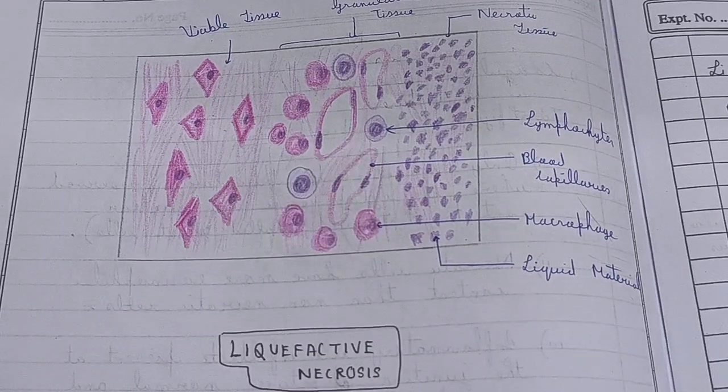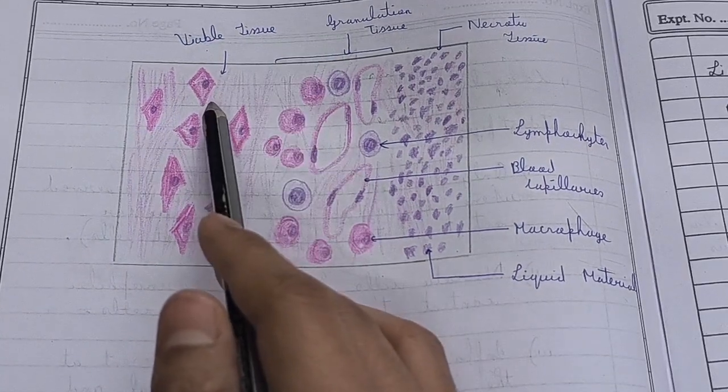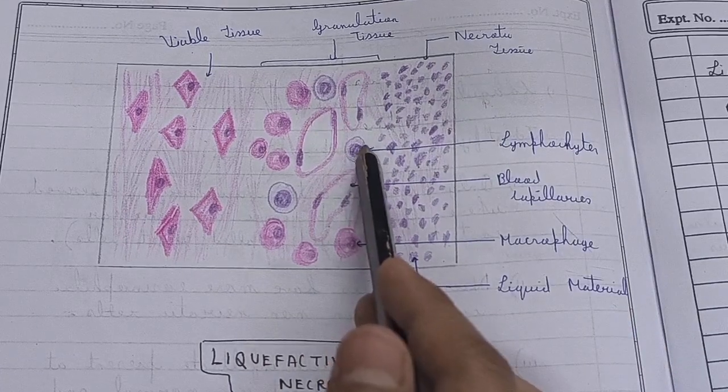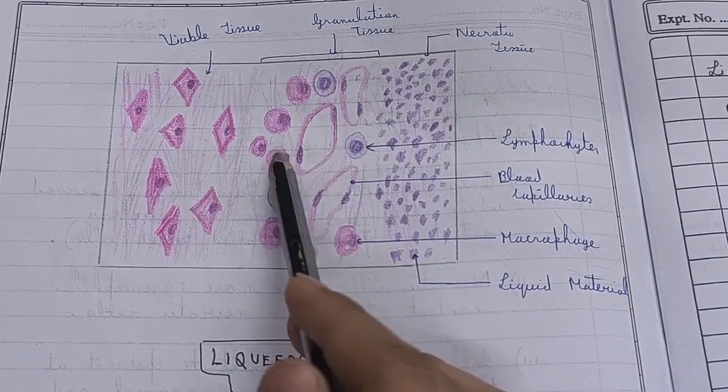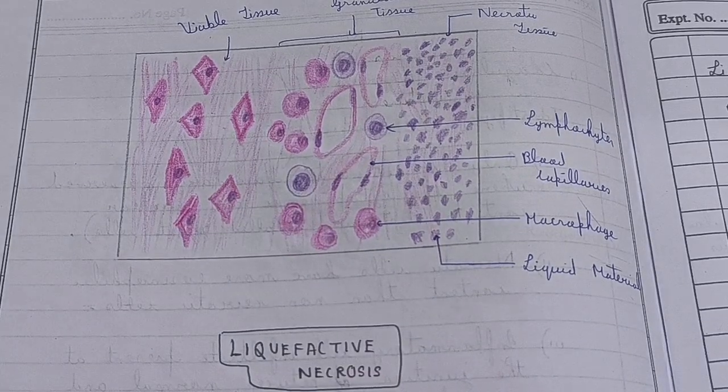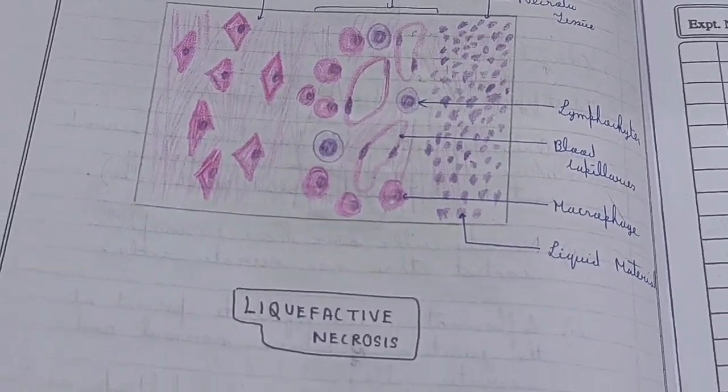So just remember that at the junction between the viable and necrotic tissues, lymphocytes, blood capillaries and macrophages are present. All these are the identifying features of liquefactive necrosis.